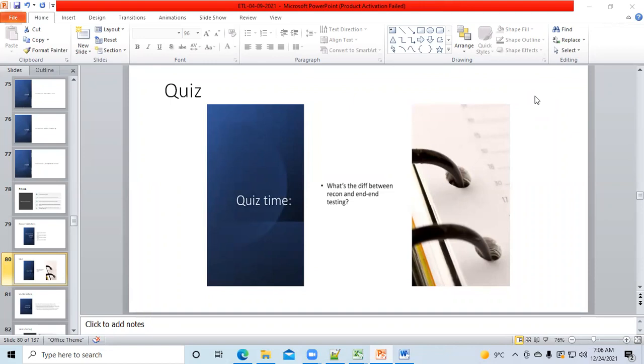But recon testing is not like end-to-end testing. In recon testing, you are just testing two tables, whether the data from one table has moved to another table or not, if you're working on a migration project. Or maybe there is a requirement from the business stakeholders to do a reconciliation of a particular report, so you will be doing recon of a report for a particular period only.